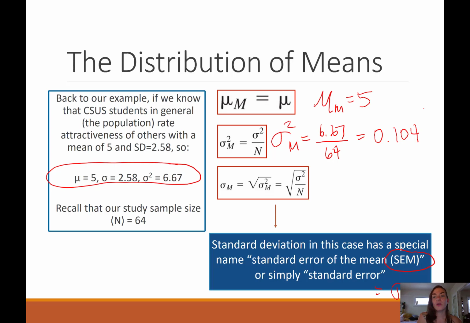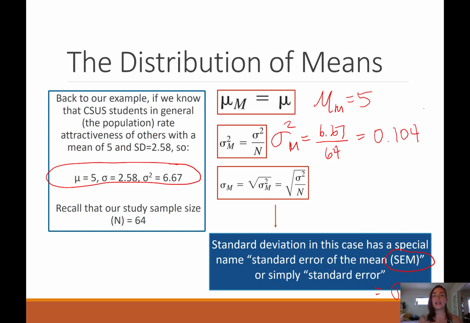Now, finally, I need to compute the standard deviation of the distribution of means, in other words, the standard error. To get to the standard error, I can just take the square root of the variance of this distribution.